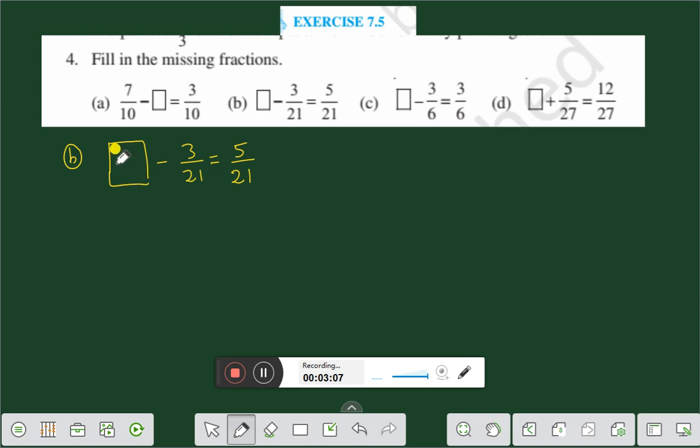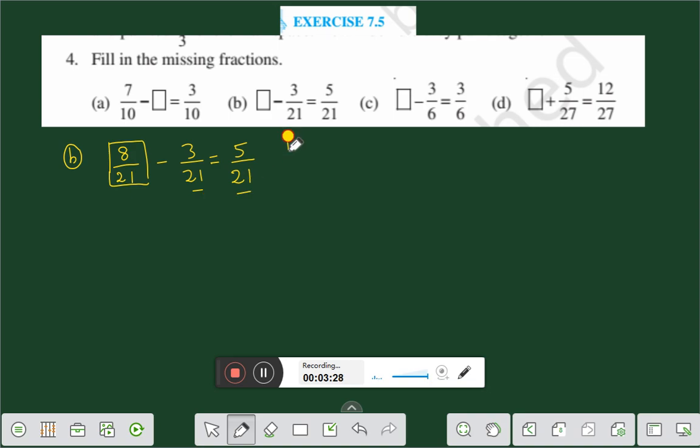Right? Here you see, the denominator is 21, here also the denominator is 21, therefore the denominator will be 21. From what number should 3 be subtracted so that we get 5? That is 8. Right? 8 minus 3 is 5, and this is 21. If we subtract it, you will get 5 by 21.